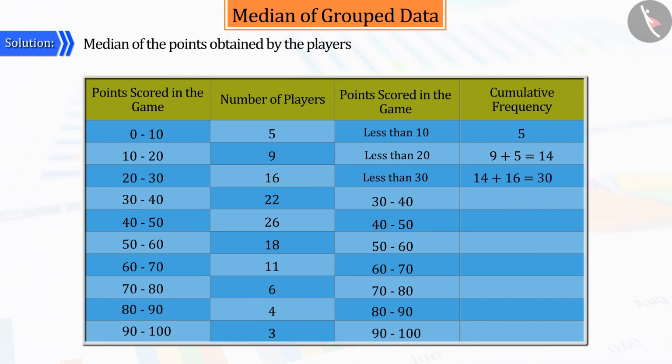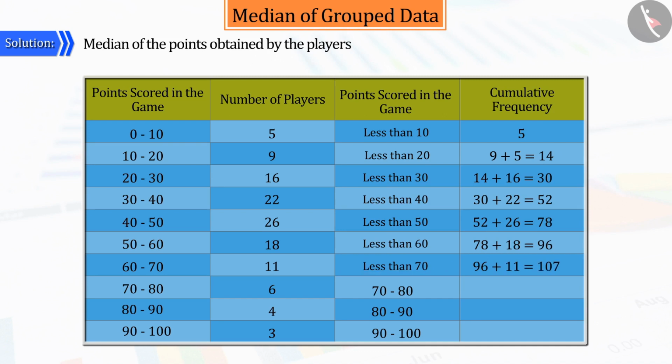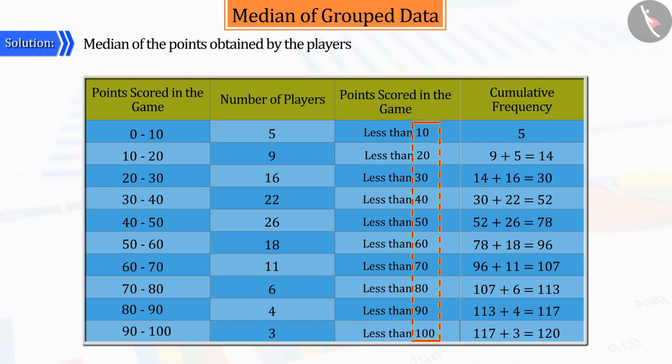Similarly, we will find the cumulative frequency of all other classes, from which we can find out the number of players who scored less than 10, 20, 30, 40 and 100.